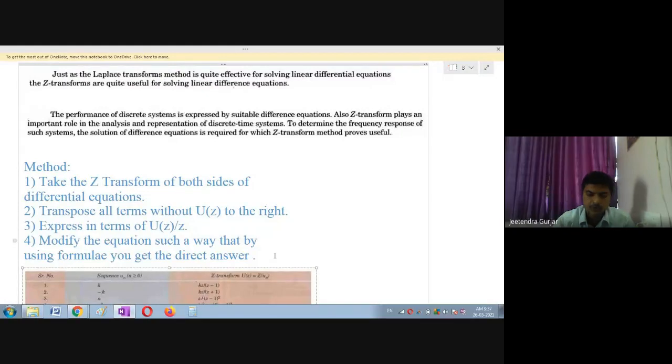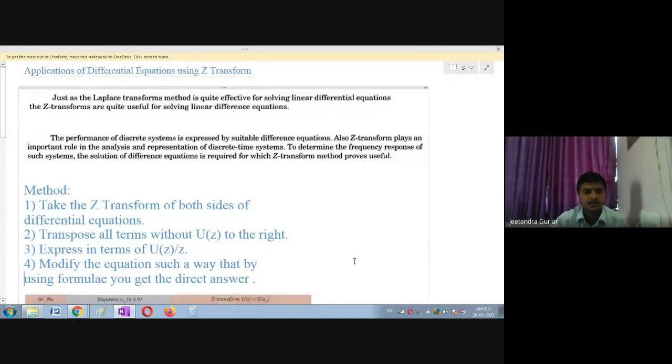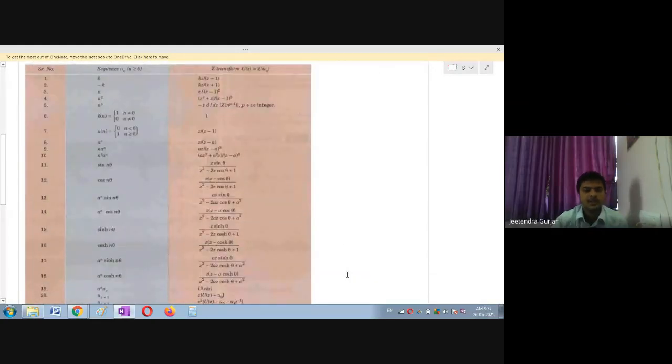Very important: in the inverse Z transform as well as in the applications of differential equations using Z transform, partial fractions play a very important role, students. Please note down these formulas again. In the previous lecture I told you to remember these formulas, and in this lecture also we are going to use them, students.